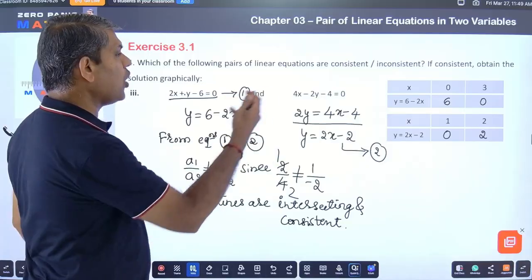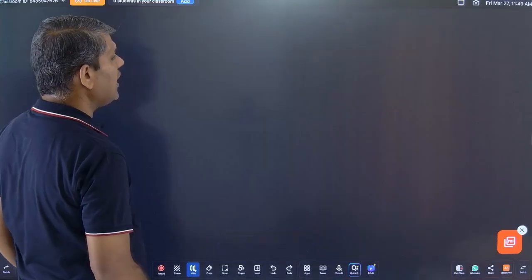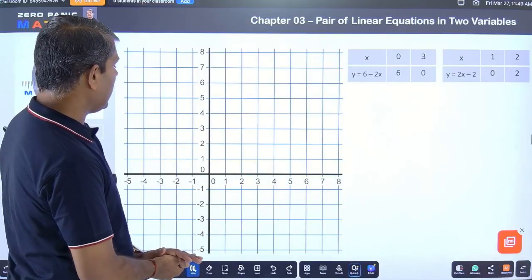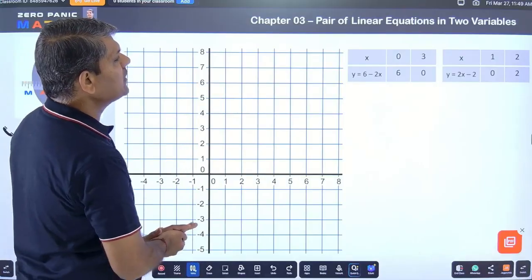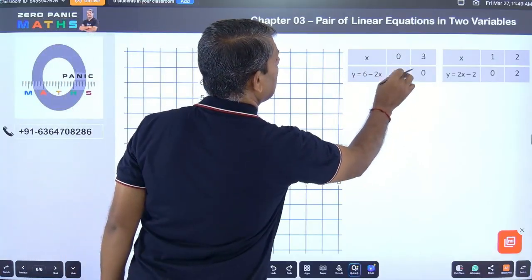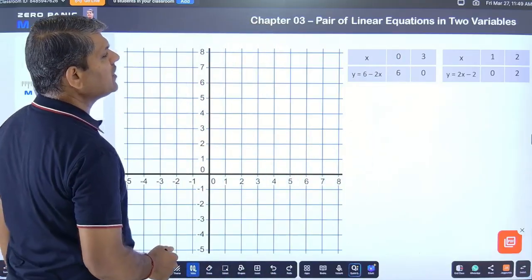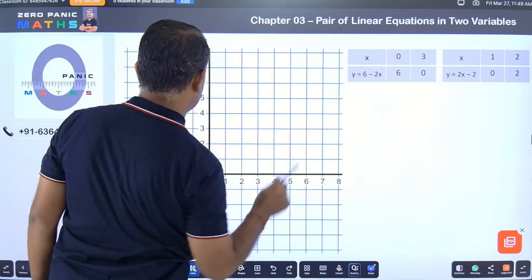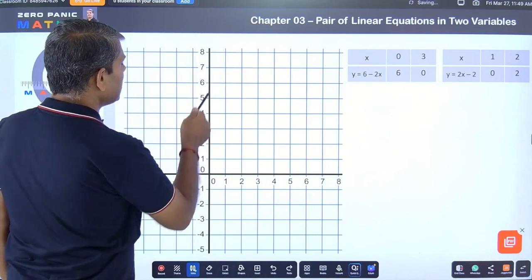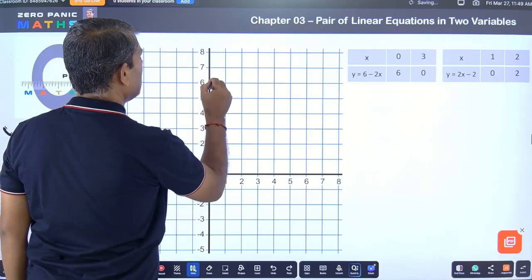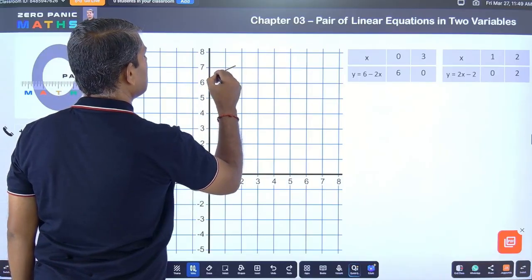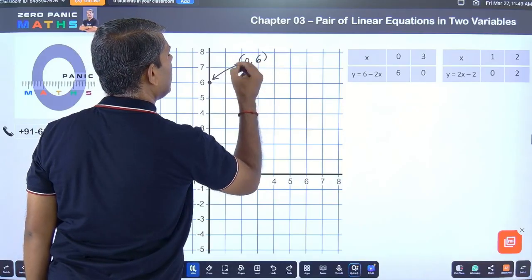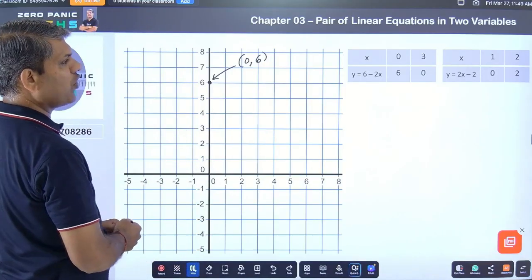Okay, let us plot the graphs by taking the same coordinates. So this is the graph ready for us. Let us identify the coordinates for the first line, y is equal to 6 minus 2x. (0, 6), where 0 is x and 6 is y. So this is x coordinate 0 and y coordinate 6.